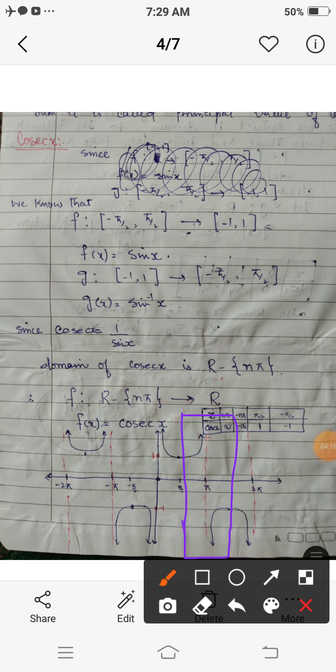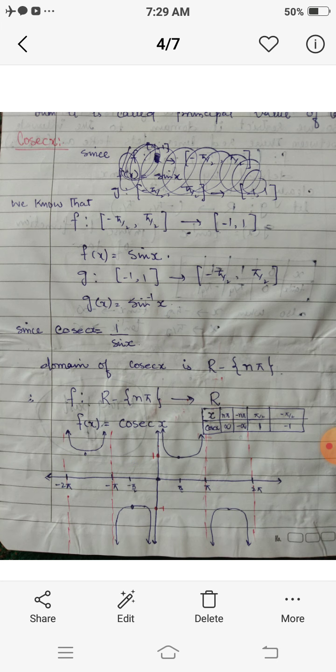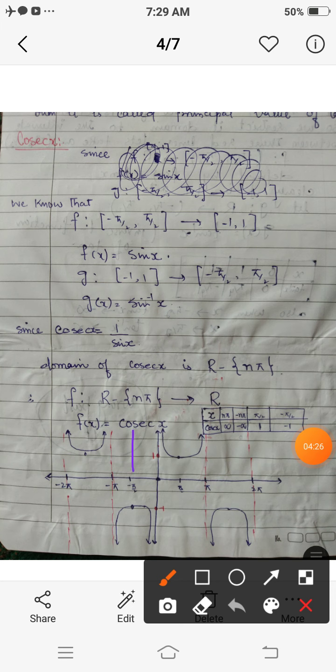When we consider the interval pi by 2 to 3 pi by 2 or minus pi by 2 to pi by 2, except the point 0, it is a one-one function.